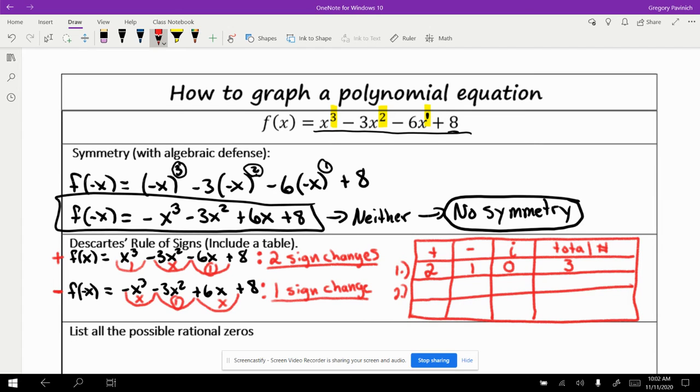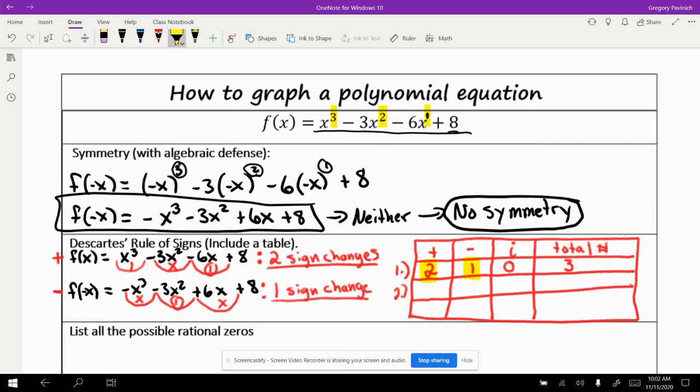Now here's the one rule. Complex solutions come in conjugate pairs, so they happen in twos. Now notice I have 3 solutions all together with my first case. When I pull out the possibility that my polynomial has imaginary solutions, I can only pull them out of one category, meaning I can pull 2 out of the positive or 2 out of the negative.